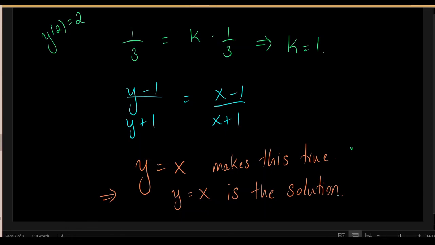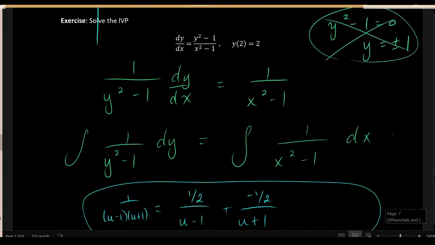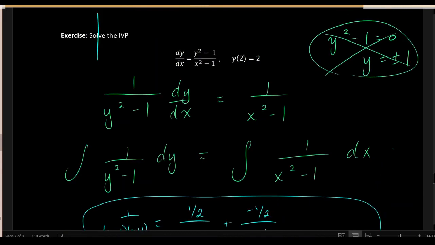If you have any doubt, just go all the way back to the original differential equation. All the way up here. If I set y equals x in this differential equation, then dy dx is just going to be equal to 1.